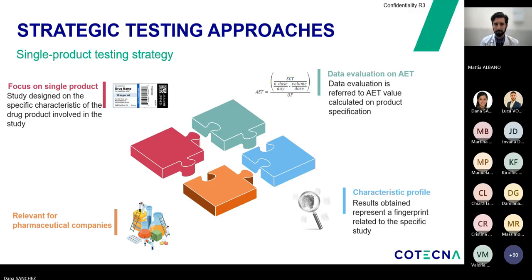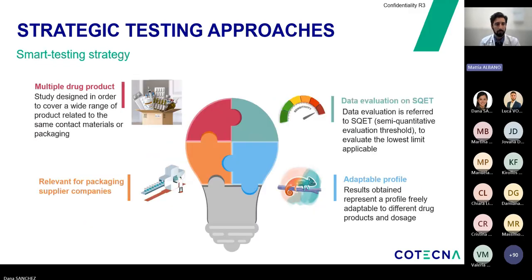On the other hand, the second approach is called a smart testing strategy. Differently from the first one, the study is optimized to cover a wide range of products without specific information on dosage or route of administration. But the focus is the same contact material or the same packaging. So in this case, we don't calculate or use the AET, but the data evaluation is referred to a value that we call SQET, or semi-quantitative evaluation threshold.